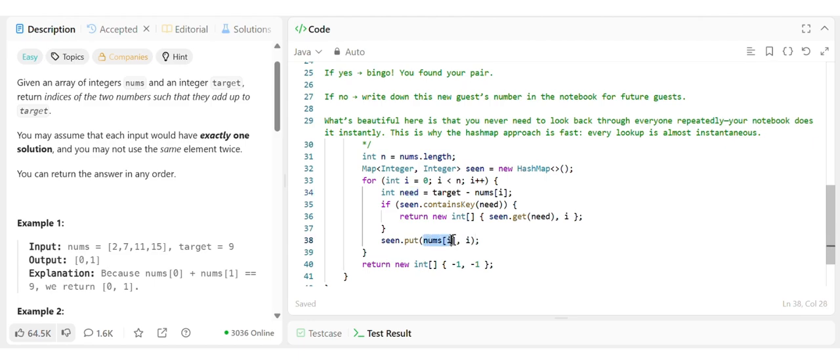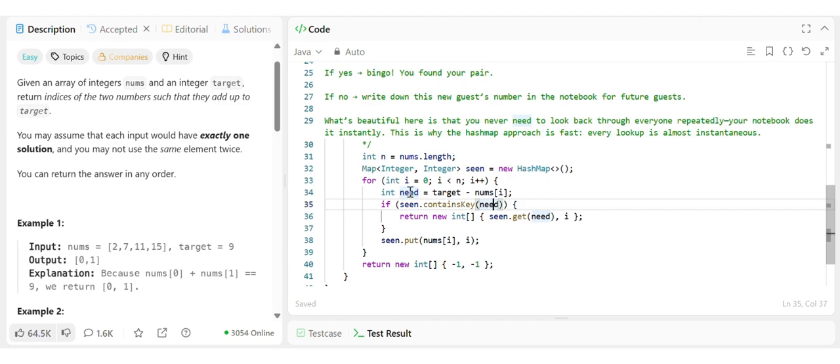If the need is present, that is, if the hash map seen contains a key need, then what do I have to return? I have to return an array containing two numbers: the positions of the two people whose numbers add up to the target.